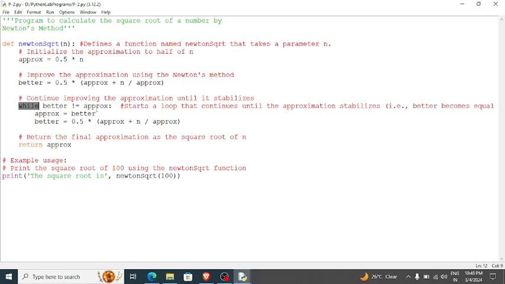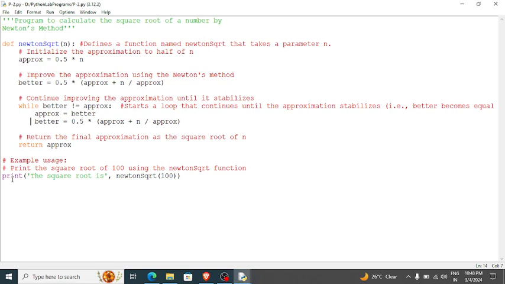While better is not equal to approx, you use this formula, and if approx equals better, then return approx. That is what you're mainly telling.